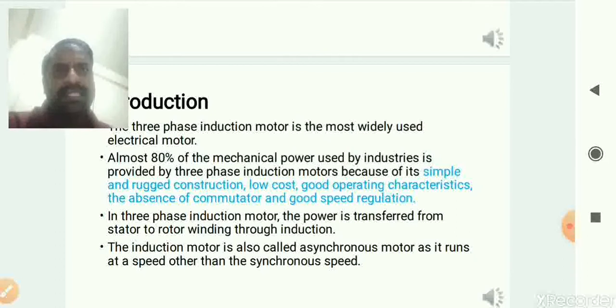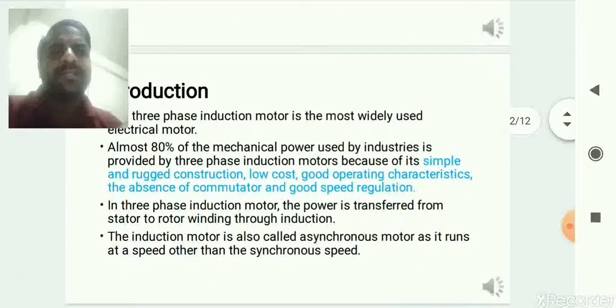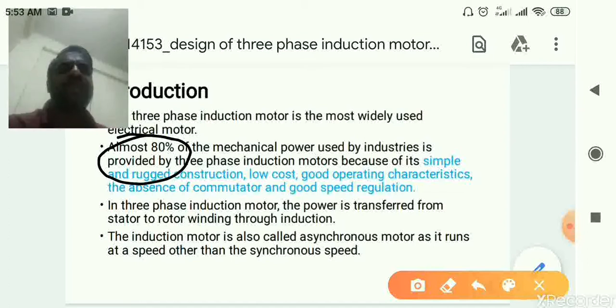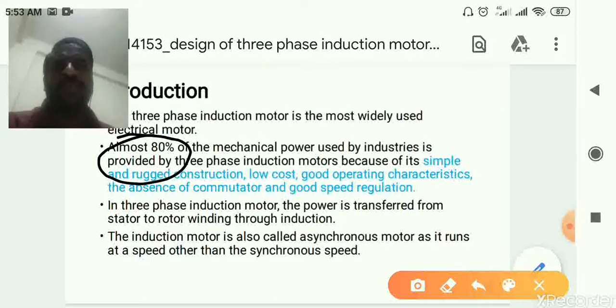We can understand this as almost 80% of the mechanical power developed in the industry is provided by the three-phase induction motor, and about 95% of the mechanical power used in the farm sector is developed from this induction motor.